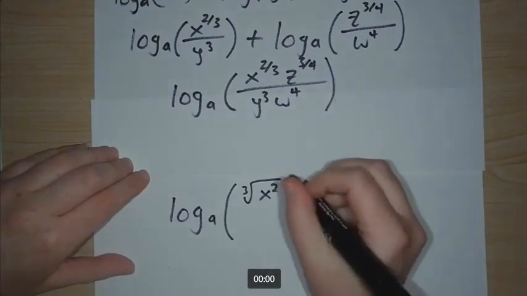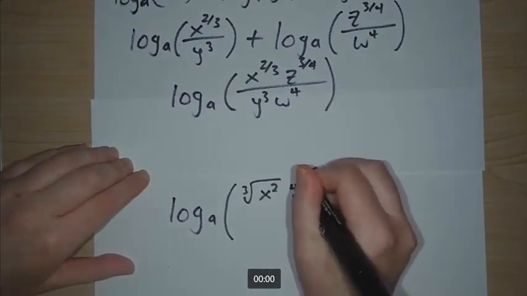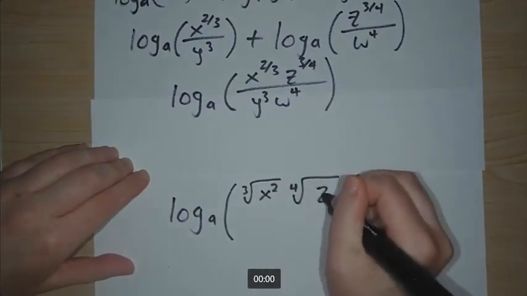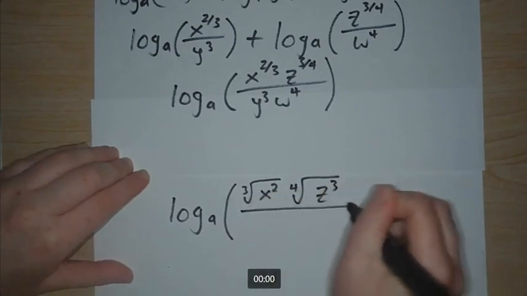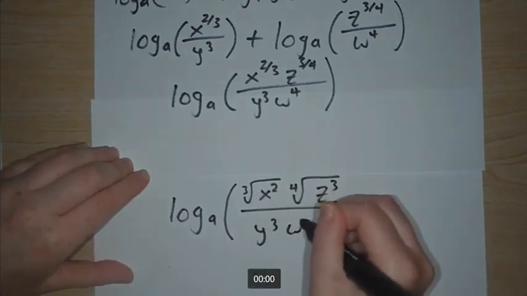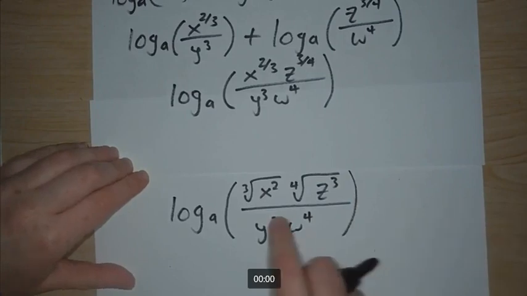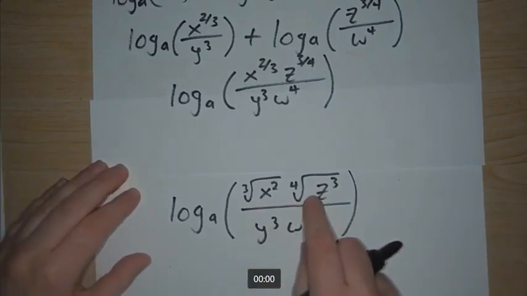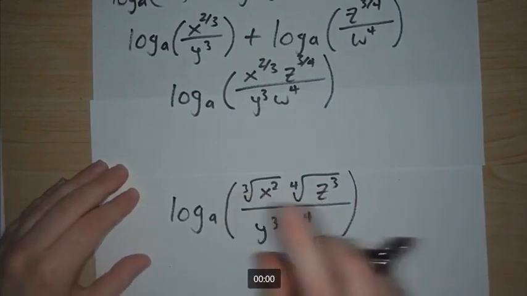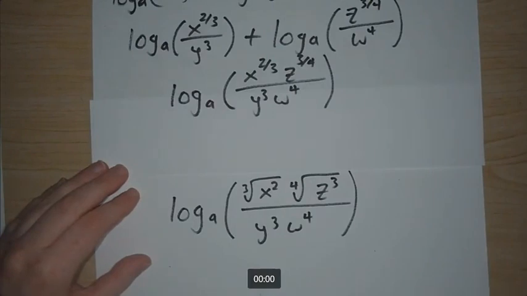And z to the 3/4 is the same thing as the radical of 4, where we have z cubed over y cubed w to the 4th. And we cannot combine these radicals because they have a different number here, as you can see. And this is as condensed as we can get this expression.